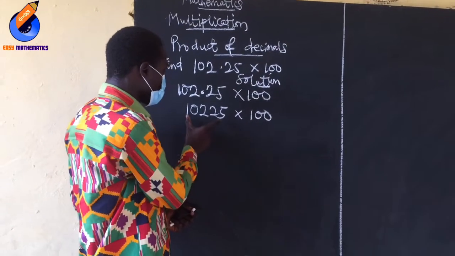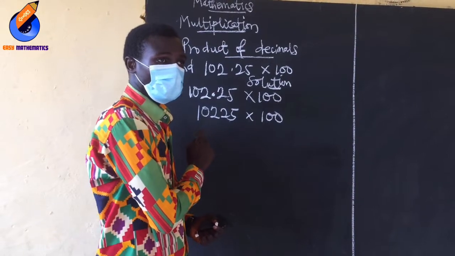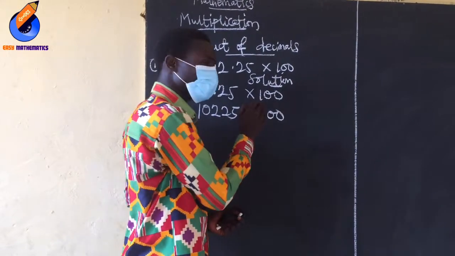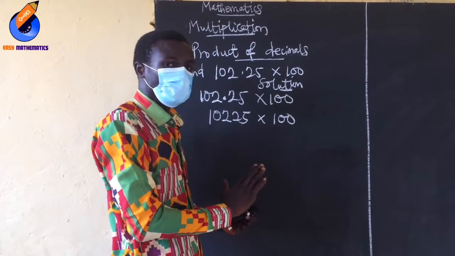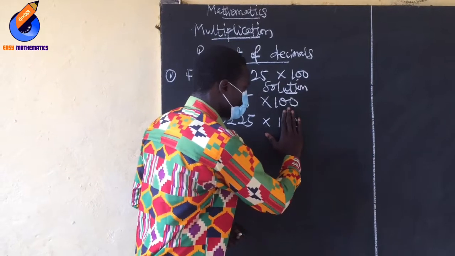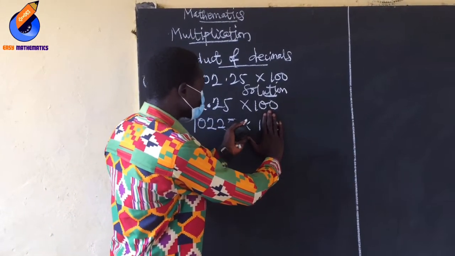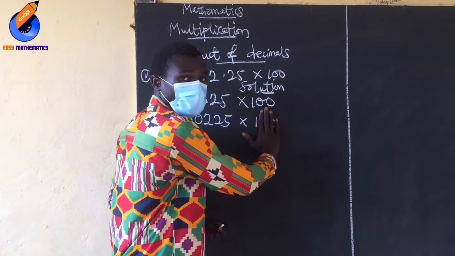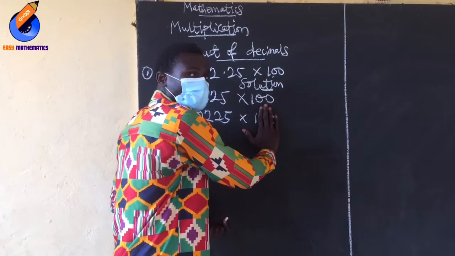So now let's multiply this number times 100. Now, this number times 100 is a huge number. To make it simple for you, cover the 2 zeros at the back of the 100. If you cover the 2 zeros, you are left with 1. Then we'll ask ourselves, this number times 1 is what? The law says every number times 1 is the number.